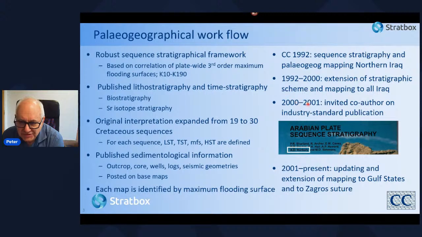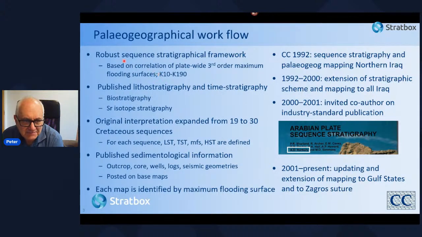And in 2000 to 2001, my co-author, Andrew Horbury, who must take credit for pretty much all the regional work involved in these maps, was invited to be a co-author on what's turned out to be an industry standard publication on Arabian Plate sequence stratigraphy. And since then, all our focus has been on updating and extending this palaeogeographic mapping to the Gulf states and up to the Zagros Suture.